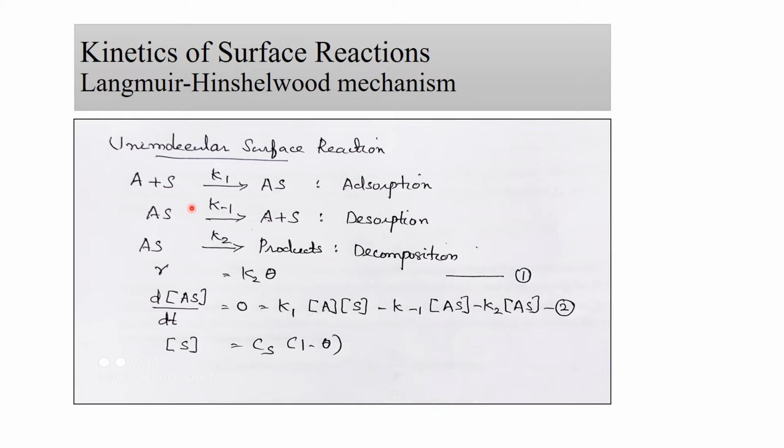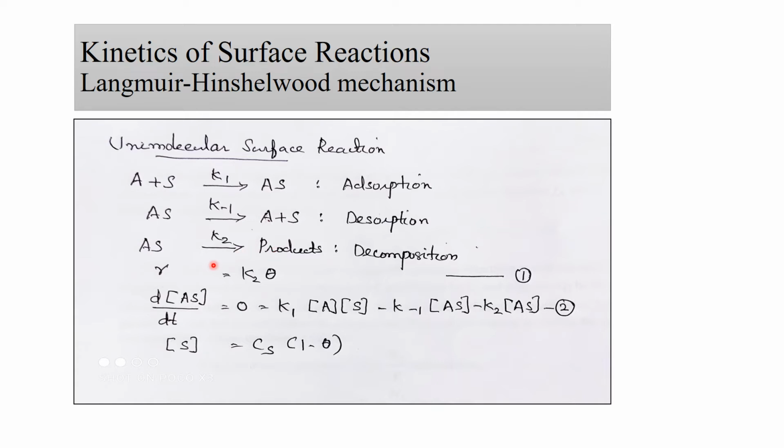The elementary processes of the reaction are: first is the formation of AS. It is a reversible reaction. That is, AS decomposes to form A plus S also. That is, adsorption and desorption are taking place. And finally, AS decomposes to form products. That is the decomposition reaction.